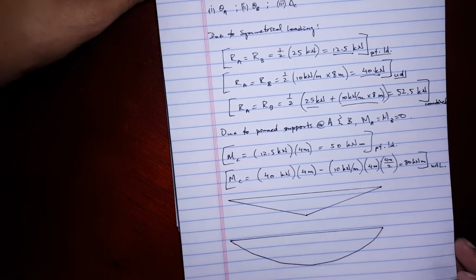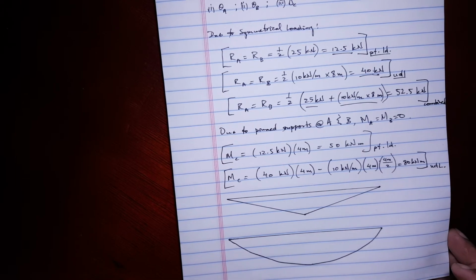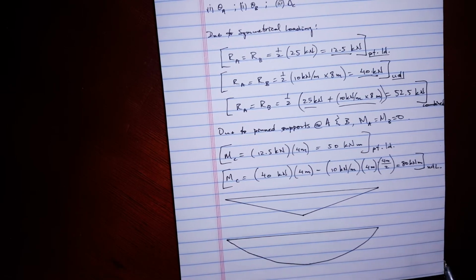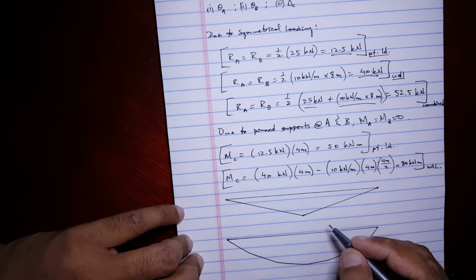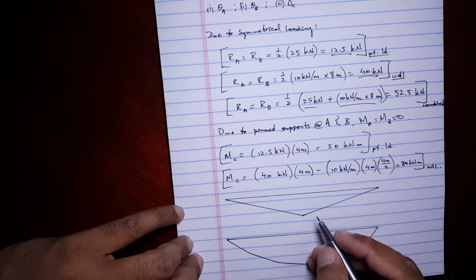So those are the deflected, no, not the deflected shape, those are the bending moment diagrams. And the values that we have here, if we write them in, we can call them the M over EI value, since we have a constant EI.